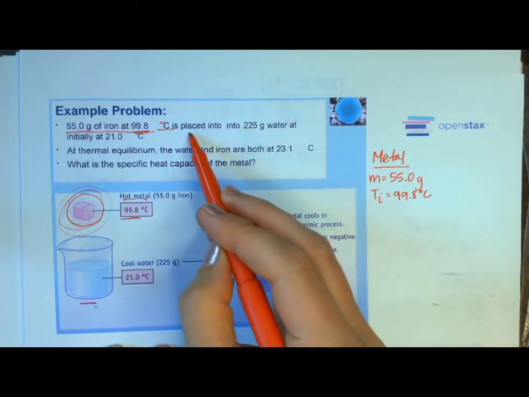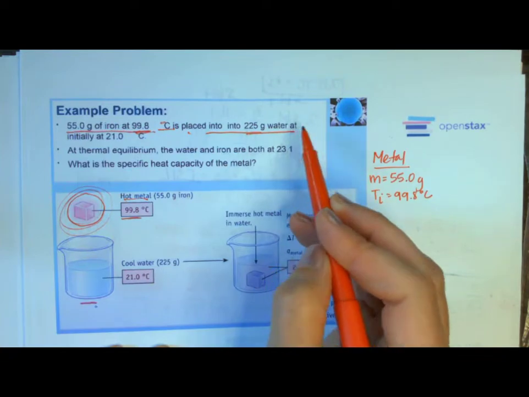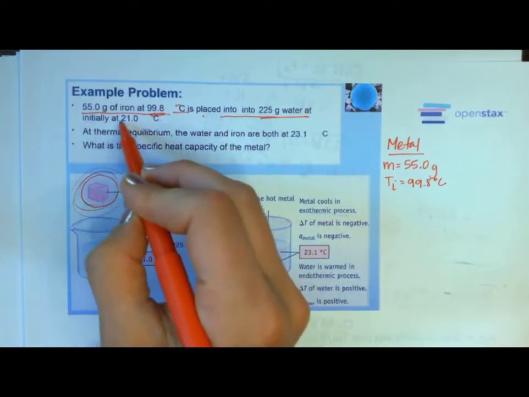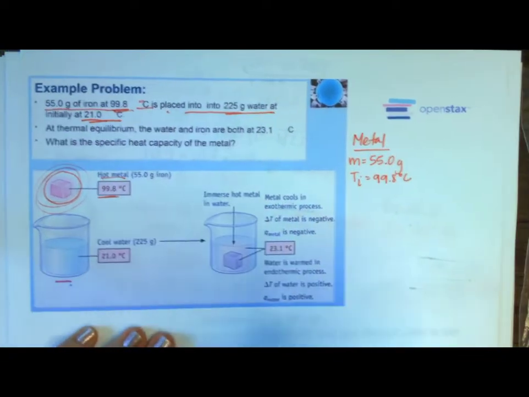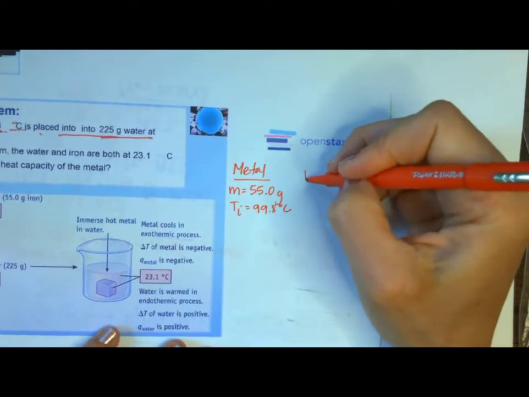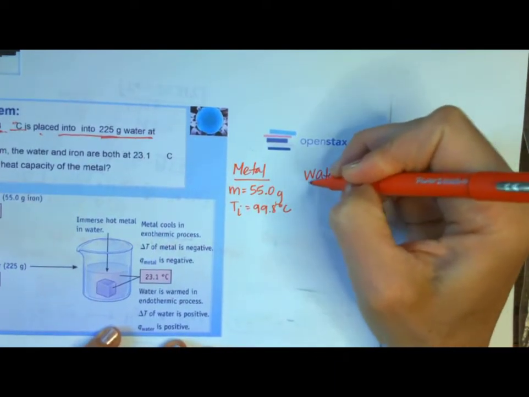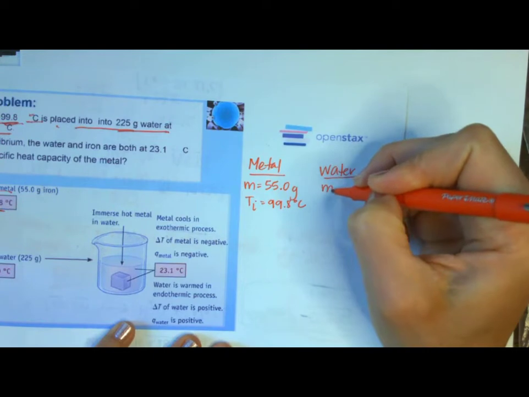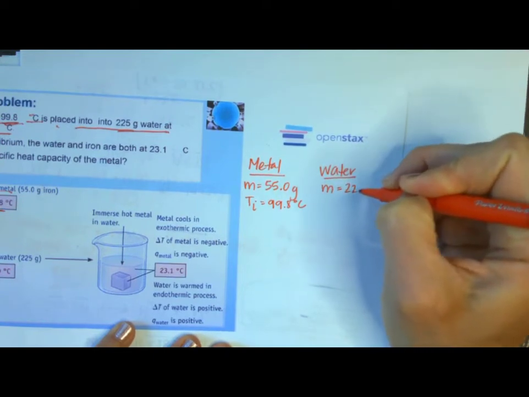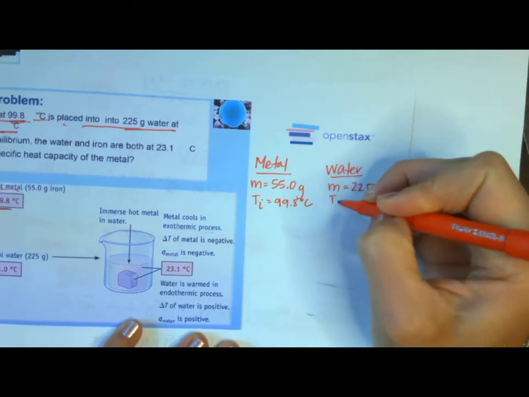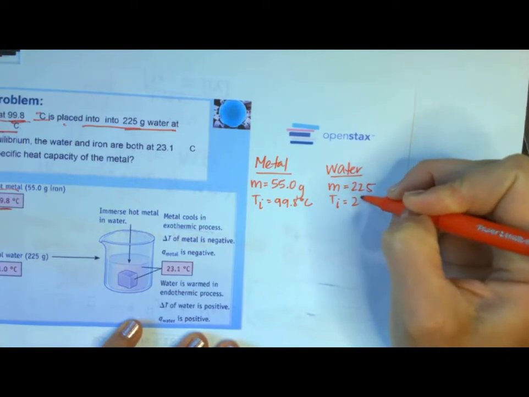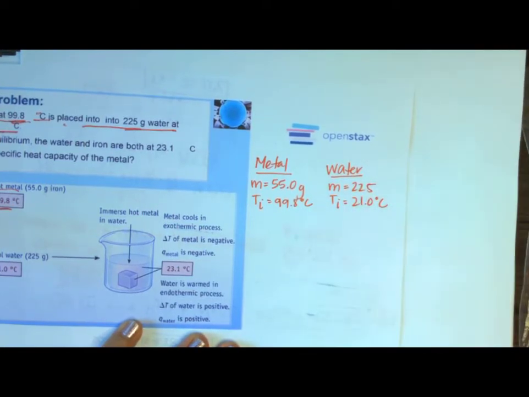And then we're told that it's placed into 225 grams of water that's initially at 21 degrees Celsius. So let's put down our water. Its mass is 225 grams, and its initial temperature is 21 degrees Celsius.